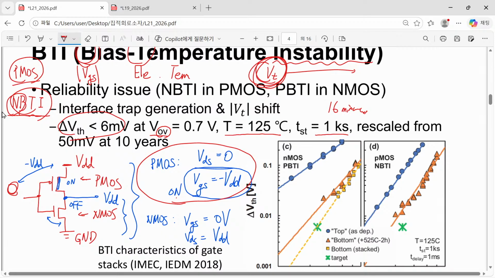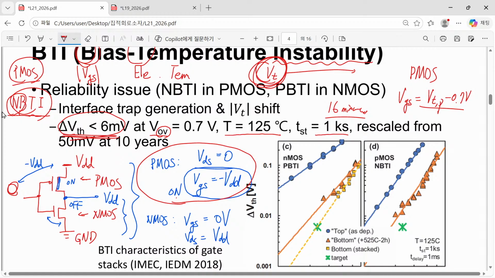If that is a P MOSFET, it means that you apply a VGS value like VT of your P MOSFET minus 0.7 volt. When you apply such a low gate voltage, then only 16 minutes later, your device shows about 6 millivolt difference in its threshold voltage.